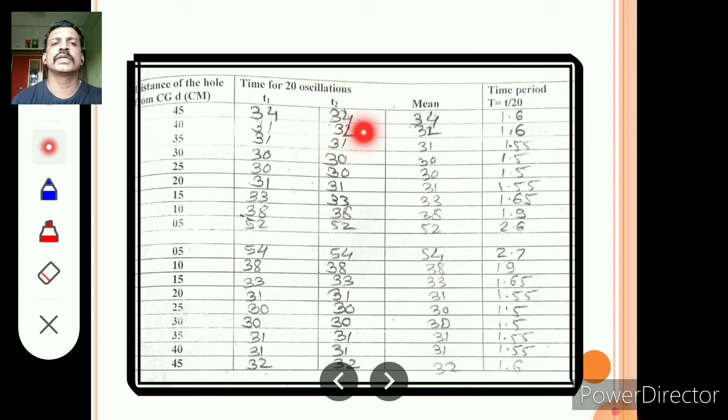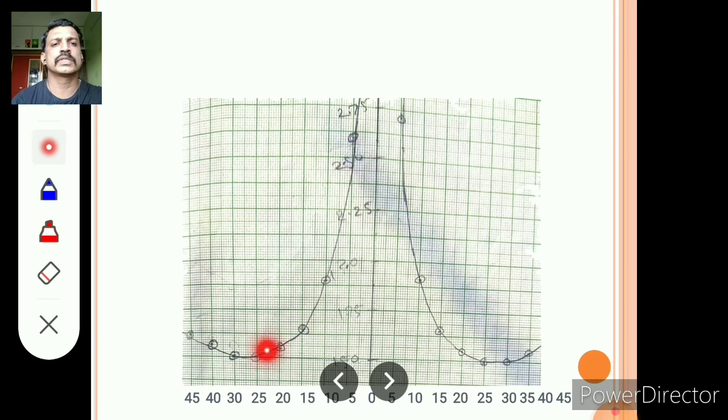These readings are taken for 20 oscillations, and time period means time taken for a pendulum to complete one oscillation. So here we divide the mean by 20. Here it should be 1.7 because 34 divided by 20.